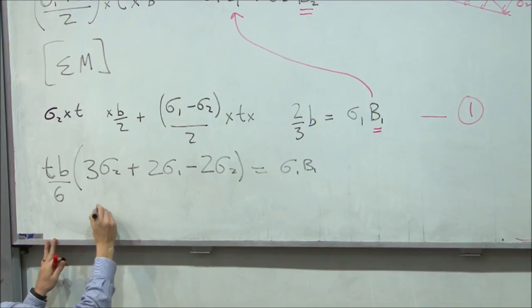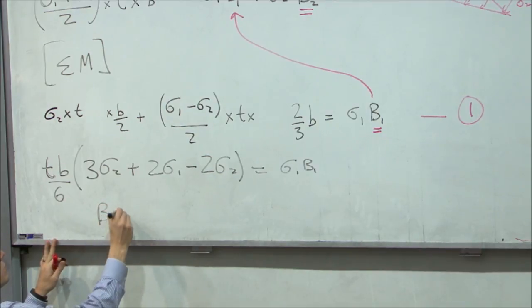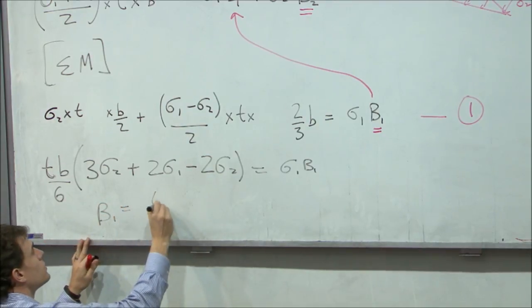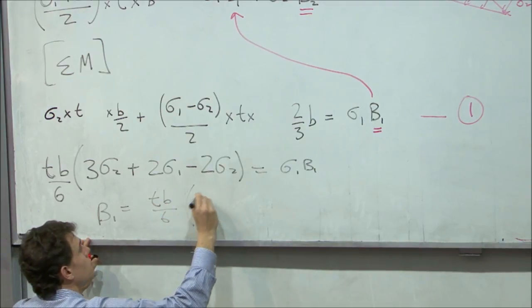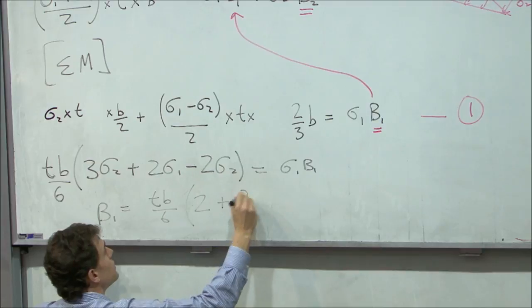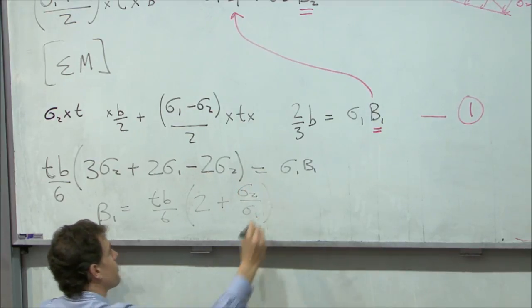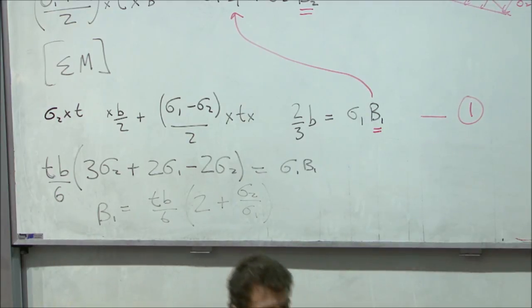So when I rearrange, B1 equals TB on 6, 2 plus sigma 2 on sigma 1. Okay.